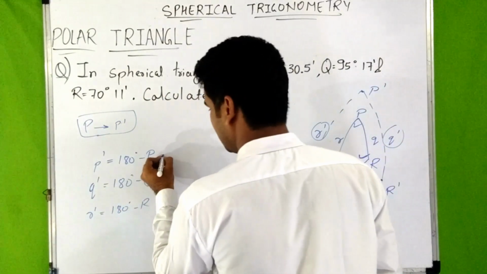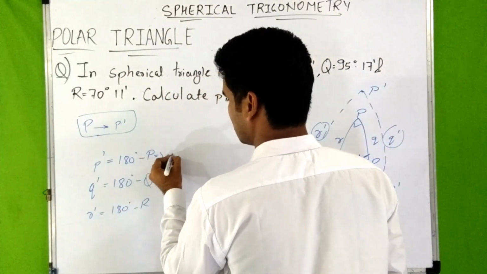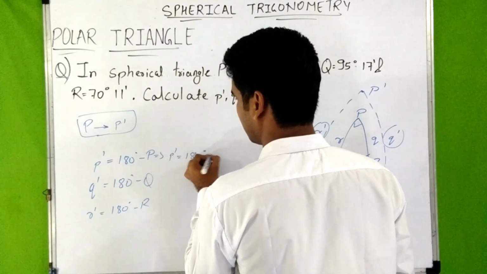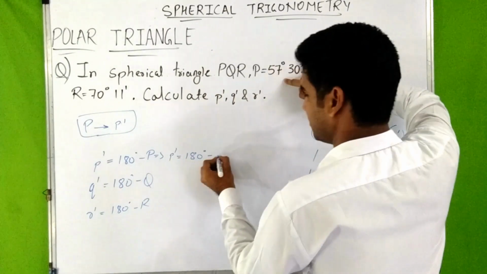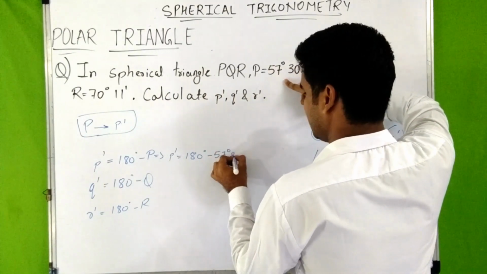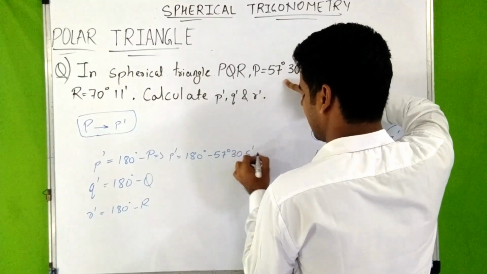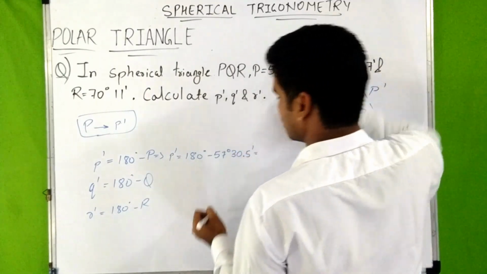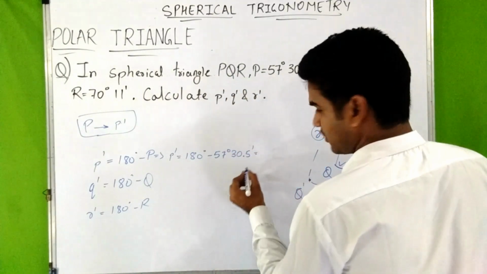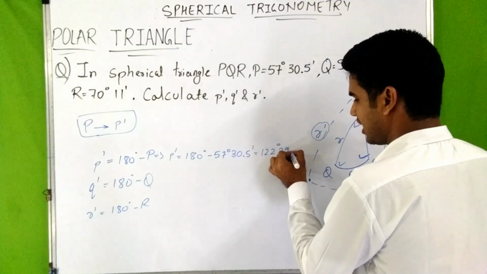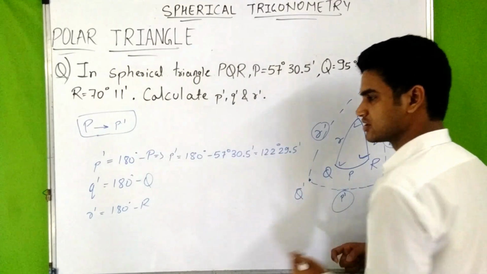So by putting the values, we will get small p dash is equal to 180 degree minus capital P. The value of capital P is 57 degree 30.5 minutes. By putting this on the calculator, you will get 122 degree 29.5 minutes.